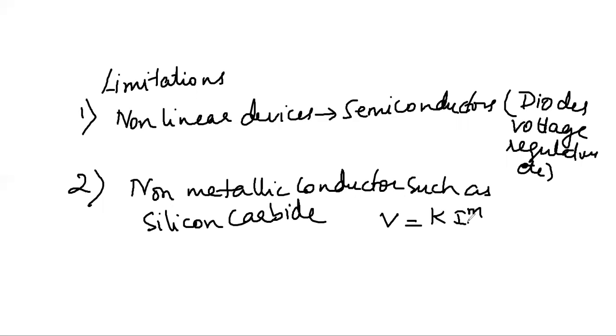If the value of M is greater than 1, for example, I square or I cube, then this equation is not linear, or this is not applicable to ohmic devices. So that is why Ohm's law is not applicable to non-metallic conductors such as silicon carbide, because they have this particular characteristic.